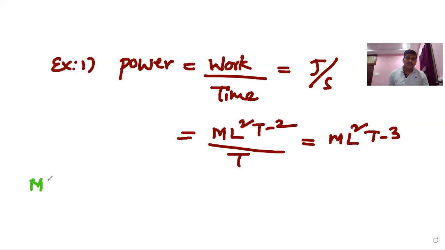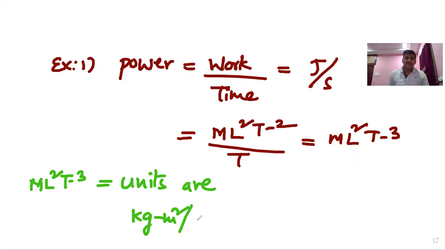This is the known dimension formula, M L square T minus 3, and the units are kg meter square per second cube. Suppose I know the dimension formula, I am arriving at the units.